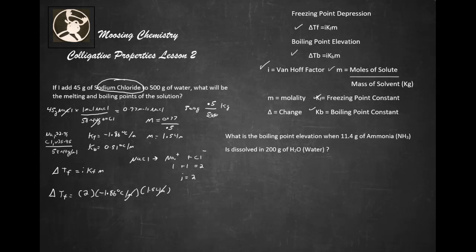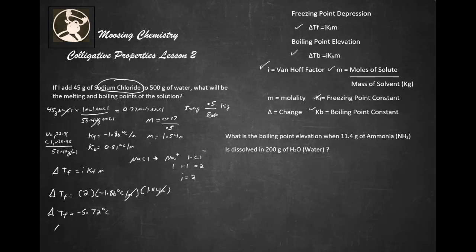Things can really add up on us really quickly. So our delta TF value is going to be negative 5.72 degrees C. Now it's asking us to find the freezing point.